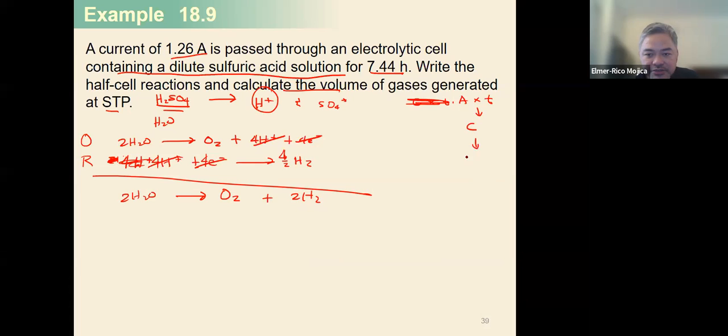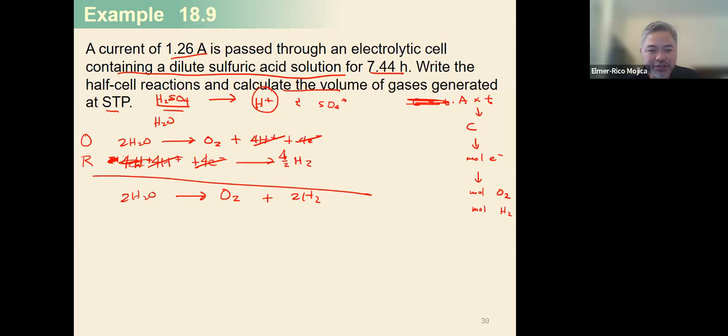And then from that, you go to the moles of the electron. And then from that, you go to the moles of oxygen, and moles of hydrogen, because both gases are produced.